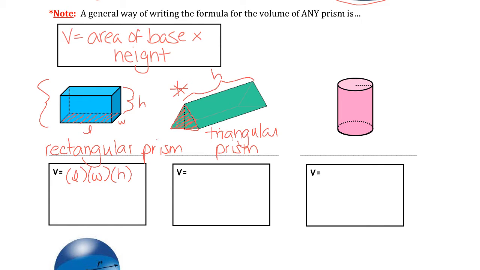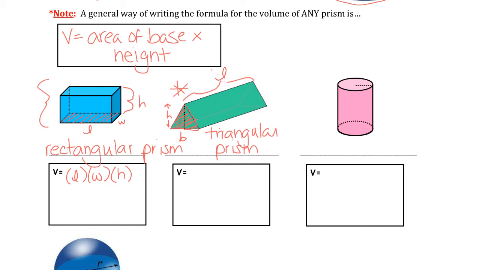Remember, the area of our base is base times height divided by 2. Now this gets a little bit confusing because now we have two heights. So I'm actually going to change this one to length.